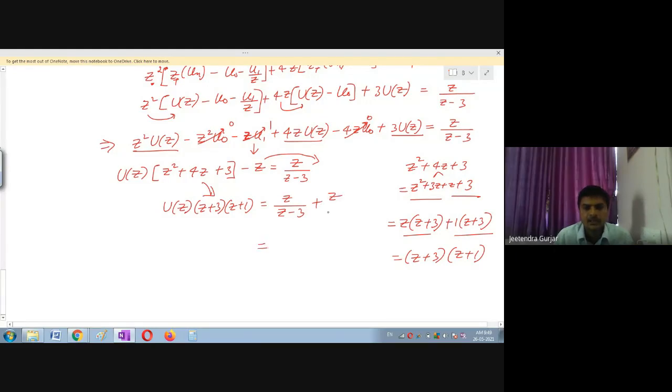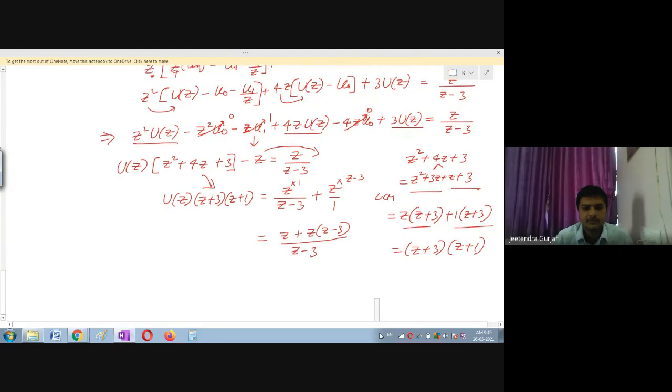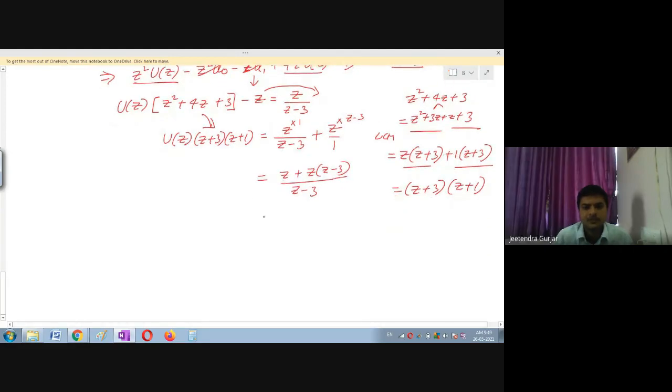Now take the LCM. Divided by 1, for simplification I am taking divided by 1, cross multiply, multiply here Z minus 3 and multiply here 1. So therefore this is Z plus Z into Z minus 3 divided by Z minus 3, I have taken the LCM, students. So please remember LCM, you must be strong in finding LCM. Now you can further simplify.